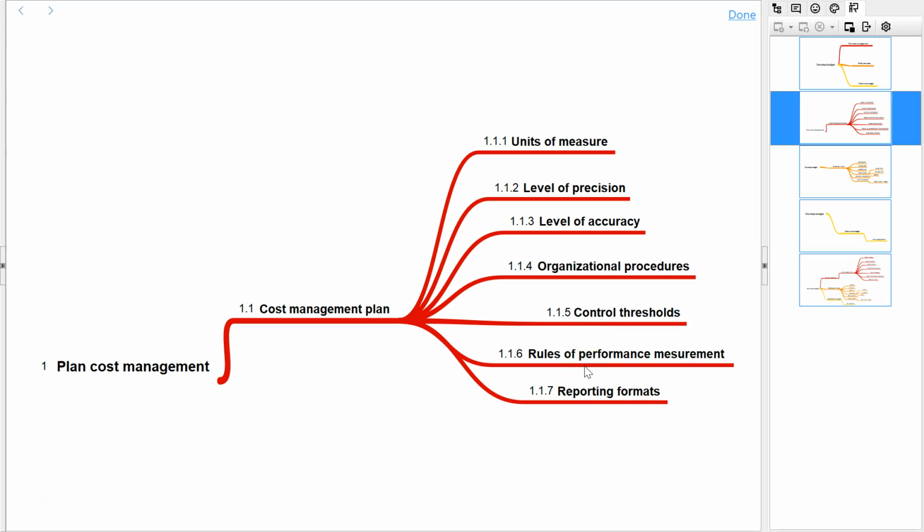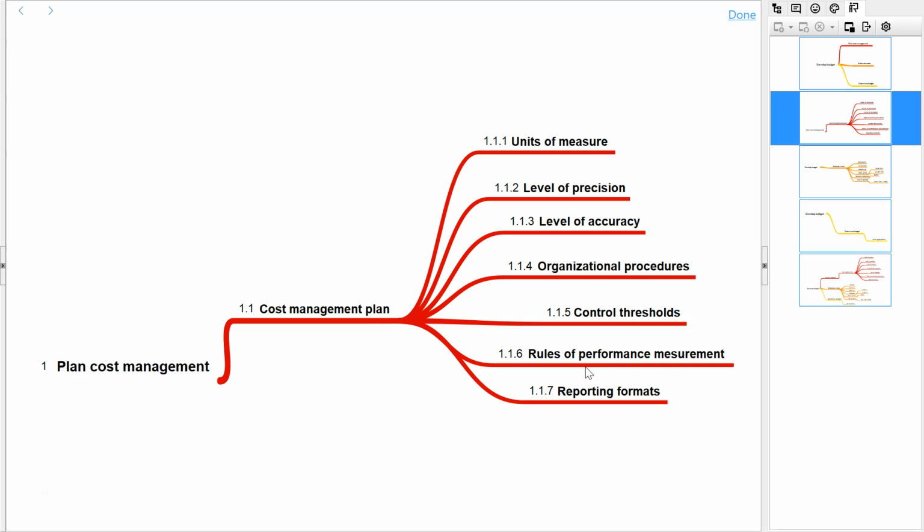Then the rules of performance measurement. This connects back to the earned value management. So how do we really measure the performance? Very often we go by the percentage completion. If there is a quantity survey team, they'll measure the progress and report in percentage complete.